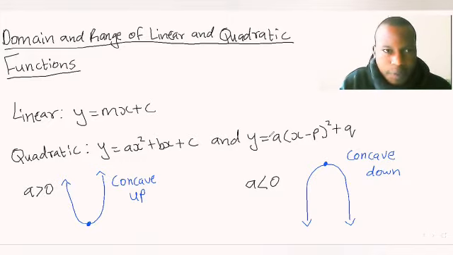So now, gentlemen, I want us to continue with the functions, and I want us to shift focus to the domain and range of linear and quadratic functions. Remember that the domain is the set of all allowable input values.